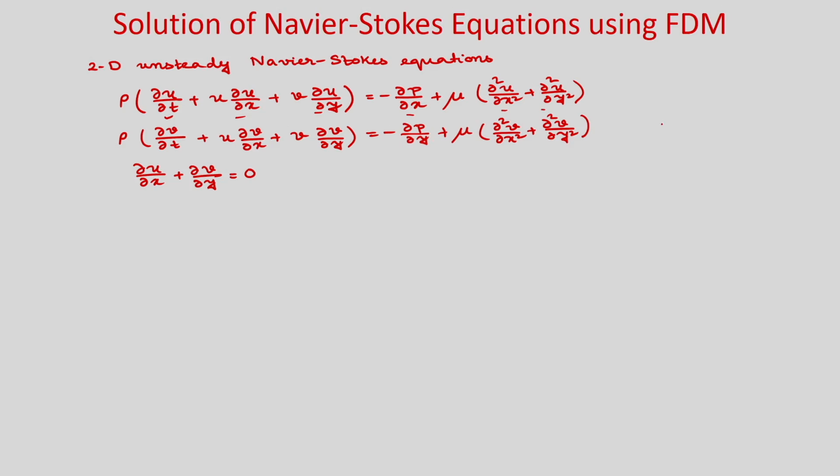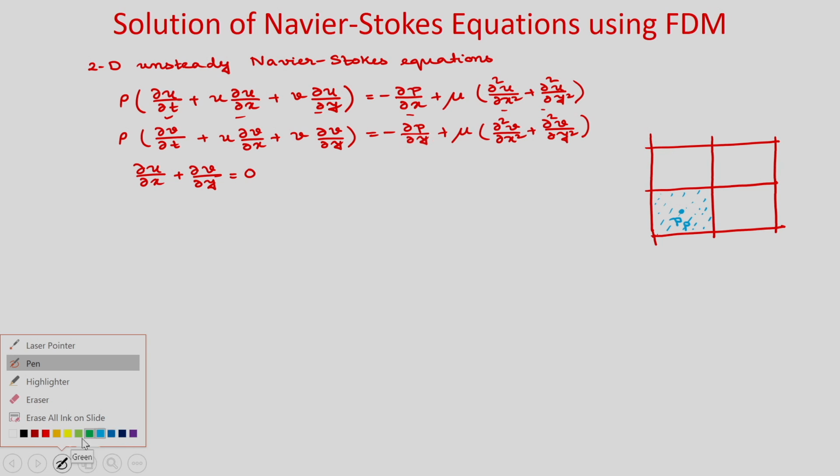Now, we will use a staggered grid. In the staggered grid we will solve P at the cell center. So, this is your cell for P, this is your main cell, and we will solve the velocities in a staggered manner.